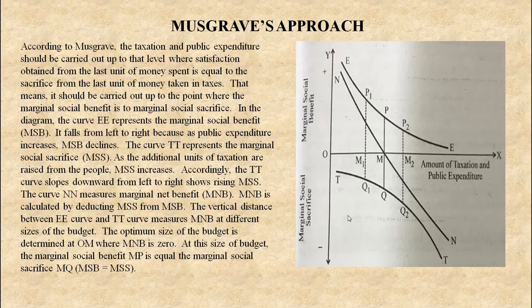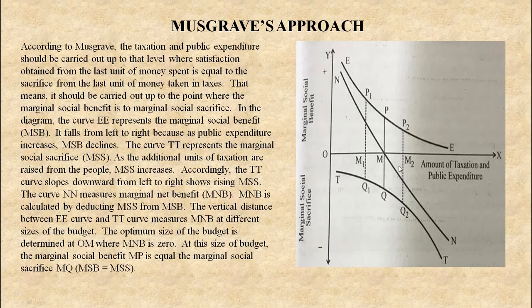In the diagram, the optimum size of the budget is determined at OM, where MNB is 0. At this size of the budget, the marginal social benefit is equal to marginal social sacrifice. Since MSB and MSS are measured in opposite directions, marginal net benefit is 0 at M.